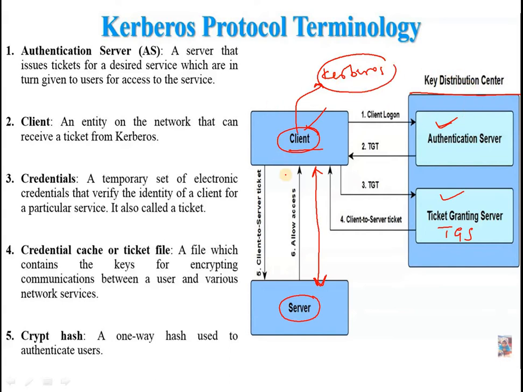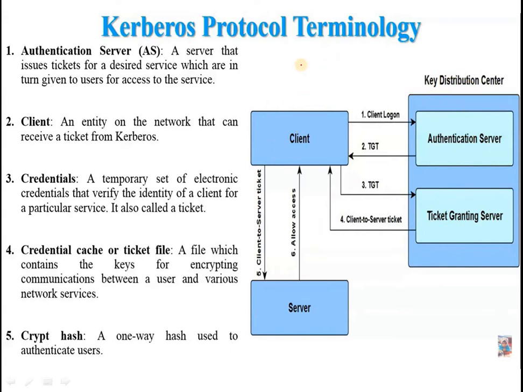All these things are required in the Kerberos protocol. First one, AS, the authentication server: a server that issues tickets for a desired service, which are in turn given to the user for access to the service. So the authentication server will issue tickets to the user. First, the client or user sends his login credentials, meaning the username, password and so on, to the authentication server.